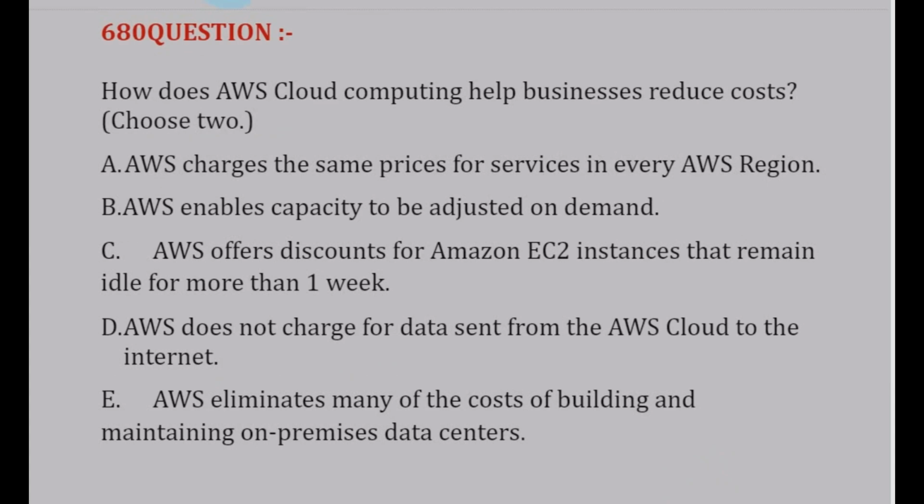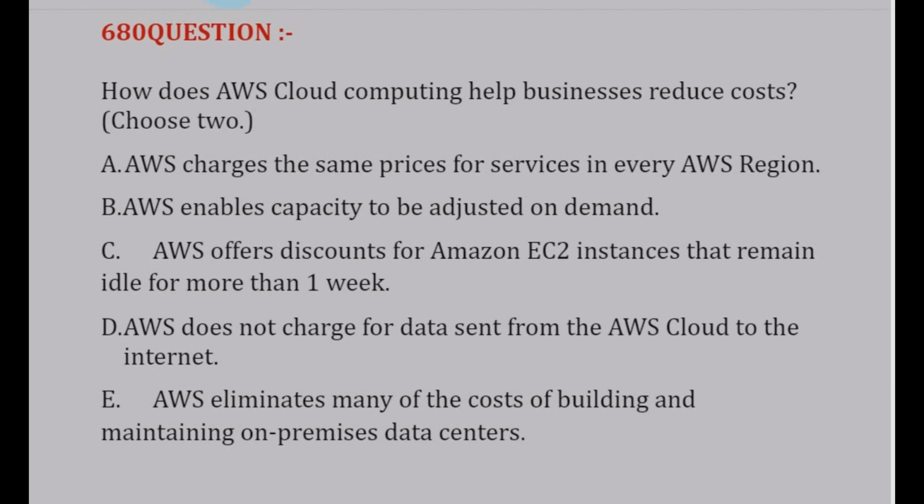Question is, how does AWS cloud computing help businesses reduce costs? Choose two options. Option A. AWS charges the same prices for services in every AWS region. Option B. AWS enables capacity to be adjusted on demand.